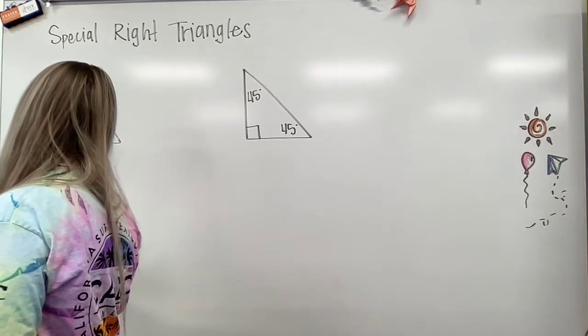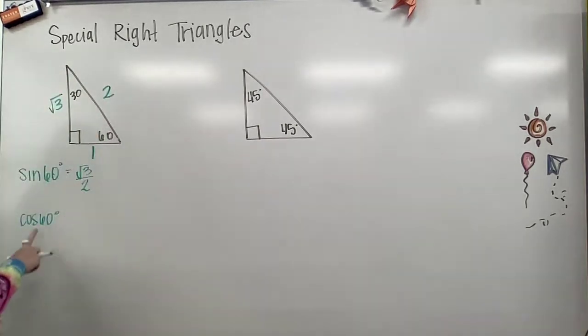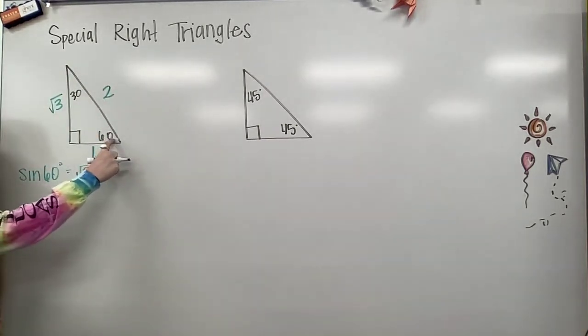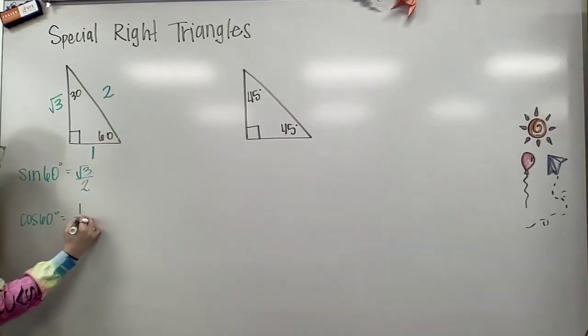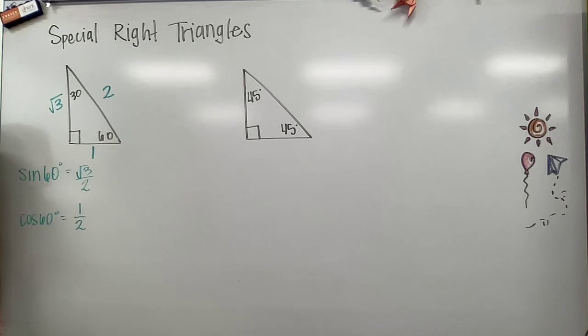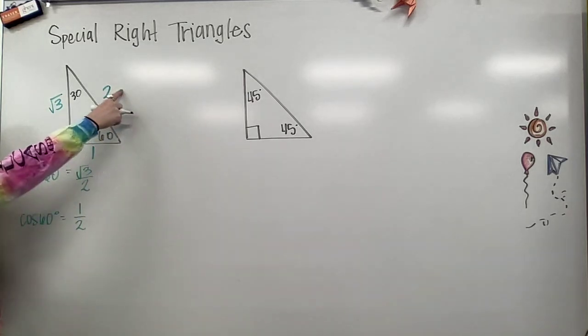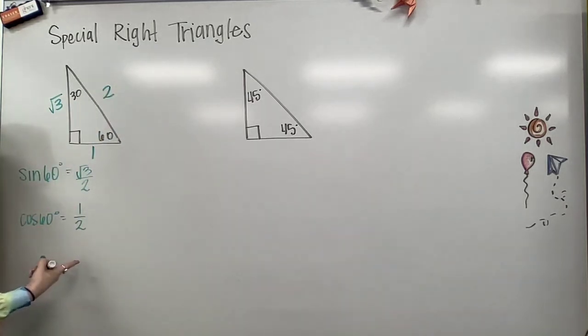What about the cosine of 60? The cosine of 60 is going to be adjacent over hypotenuse. So that's going to be 1 over 2. That's it. 1 over 2. You plug that into a calculator and it's going to give you 0.5. All right, tangent of 60.